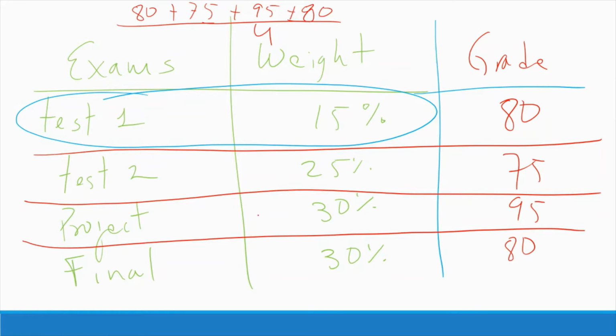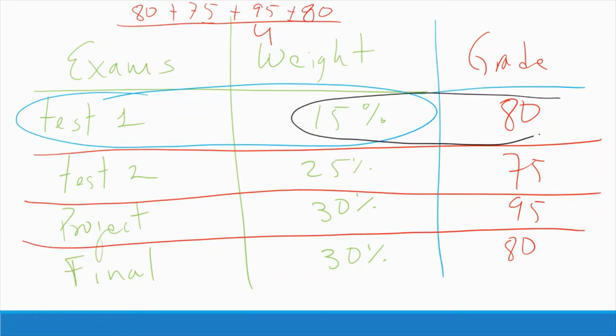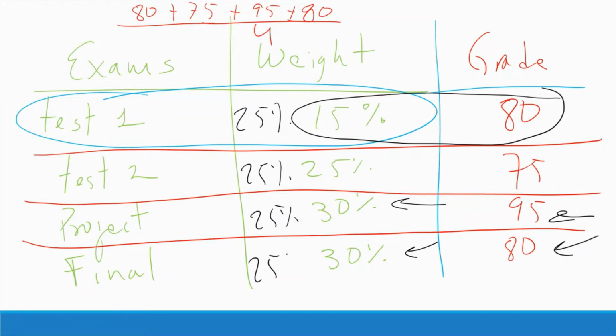For example, this 80 of test 1 has the least importance, 15%. This 95 here and the 80 are actually the ones that have the most importance, 30%. If I were to just divide by 4, that would mean that each of these grades is 25% of the weight, which is not the case. Each different test has a different percentage. So they have different importance.